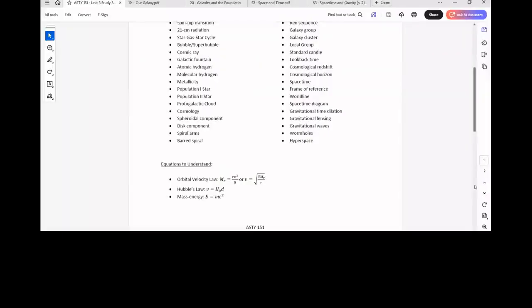Moving on to the equations to understand, we have the orbital velocity law that we used to explain how much mass was enclosed inside of a circle of radius r that we could imagine projecting right on top of the center of the Milky Way galaxy. So this M sub r just references the fact that the bigger that circle is, the more mass will be enclosed inside of that circle.